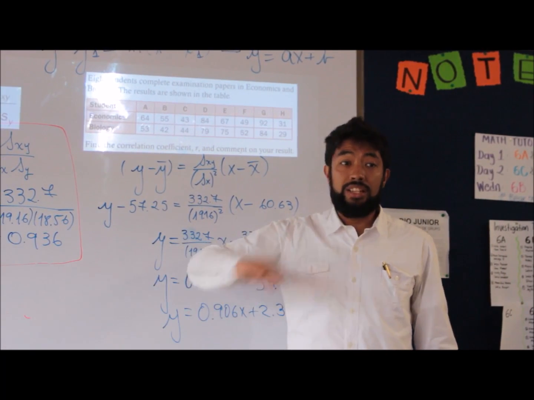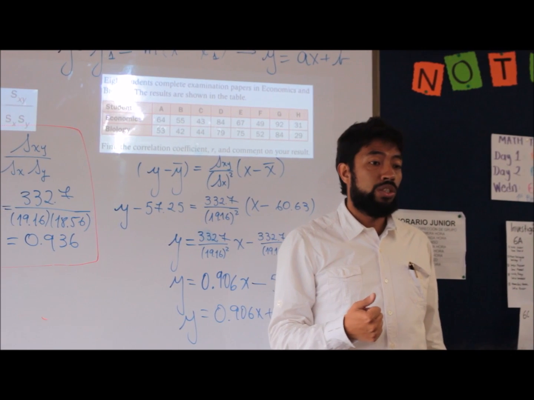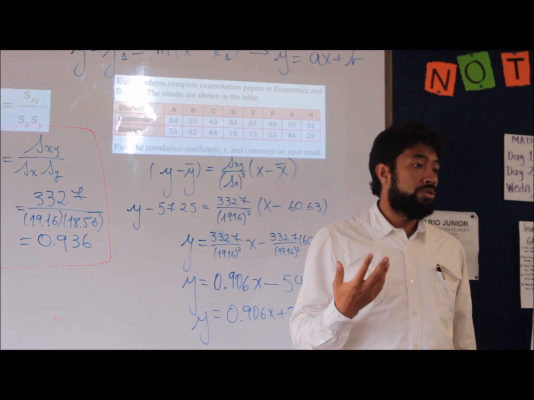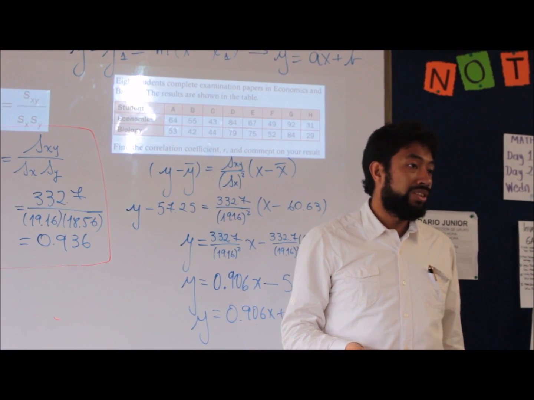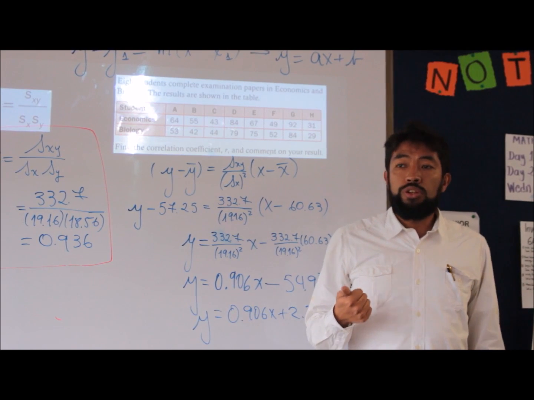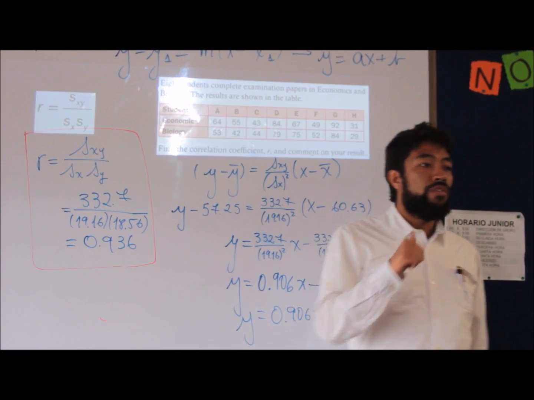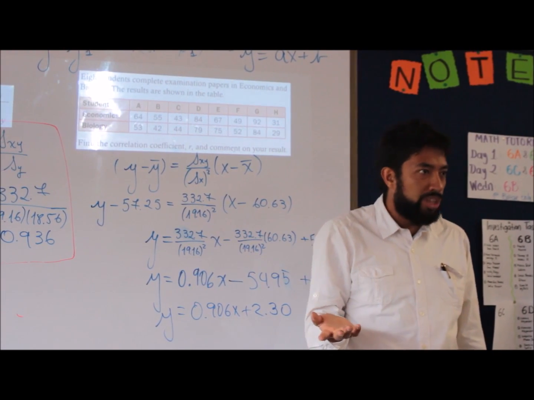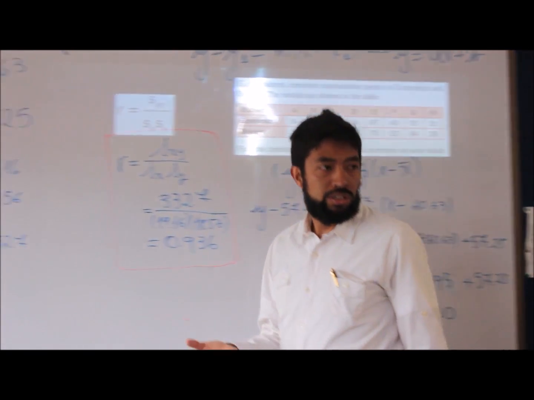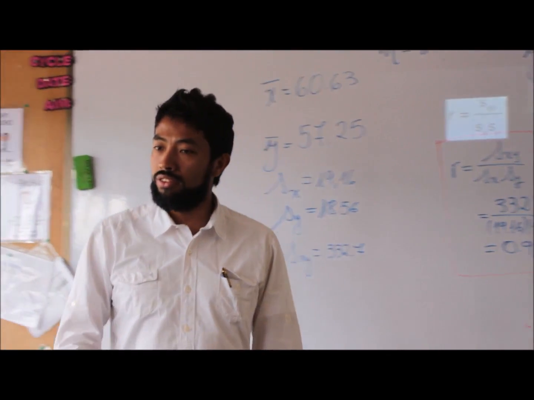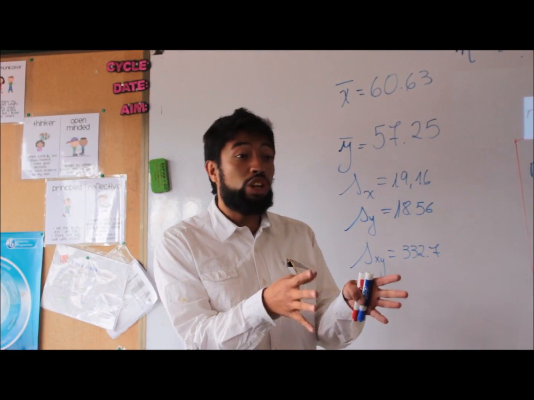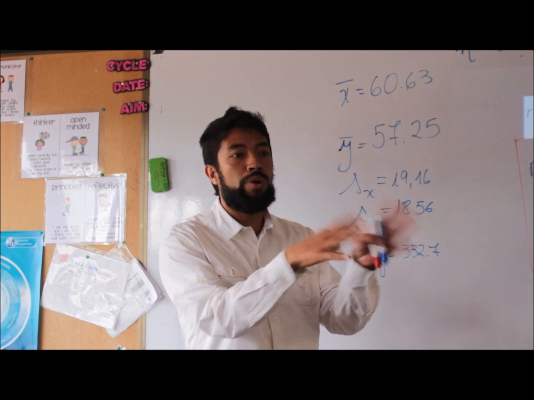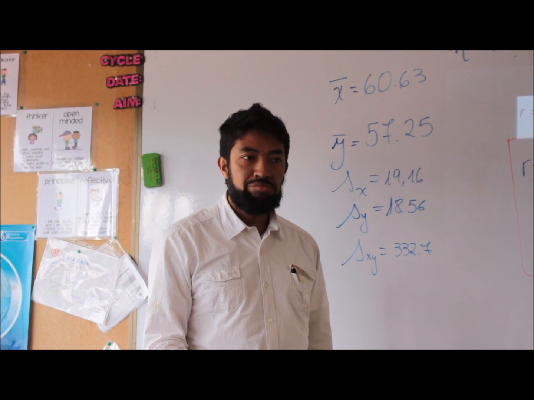Clear? And something, please, something to take into account to develop your project. If your correlation is very weak or weak, do not find the regression line. Why? Because it doesn't make sense. These two variables are not related, but I'm going to find a line who relates them. Don't worry.